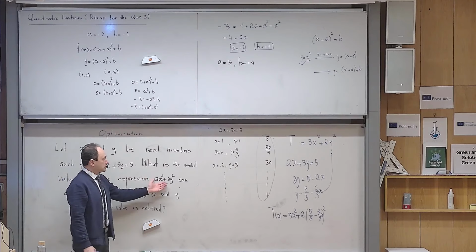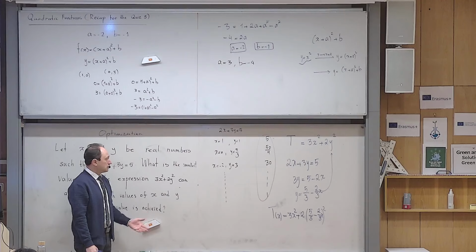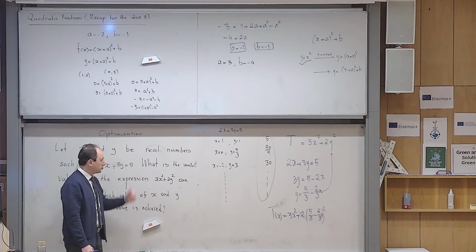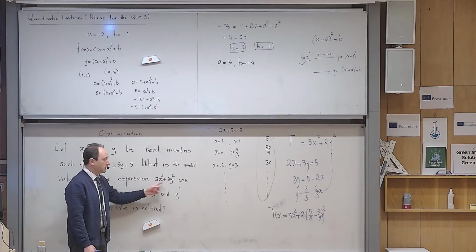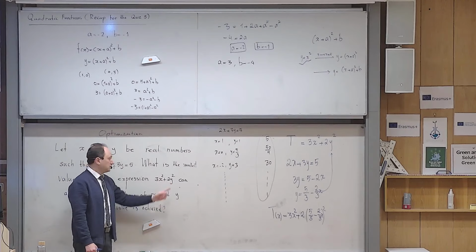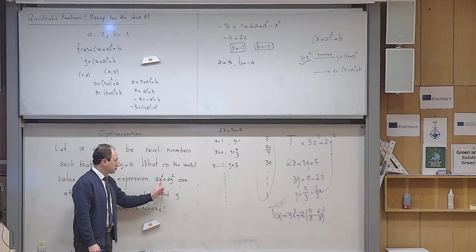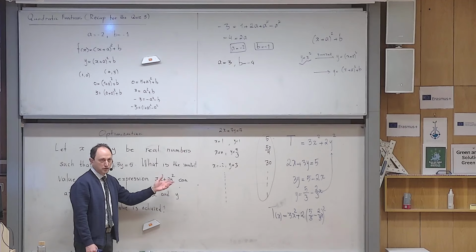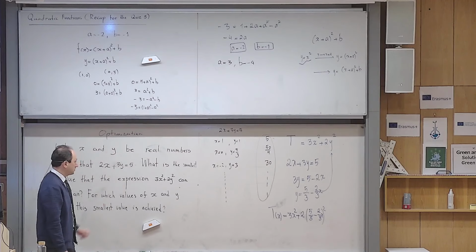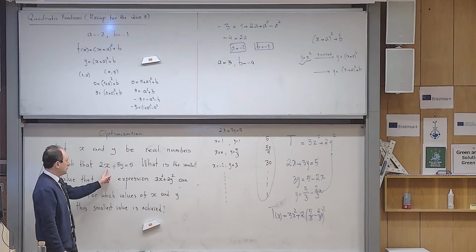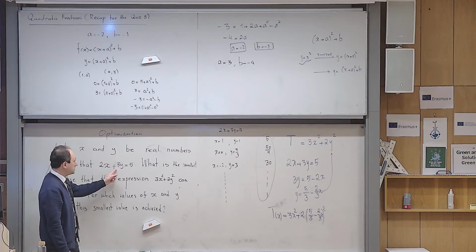You need to understand what your target is. Here the target is directly in front of your eyes. It is telling you you are supposed to minimize this. Okay? But the downside about this is that there are 2 variables in it. You have to get rid of one of them. Which one, it doesn't matter. So you go back to another piece of information in the problem, you found this, and then you say that, okay, using this information, I eliminate y.